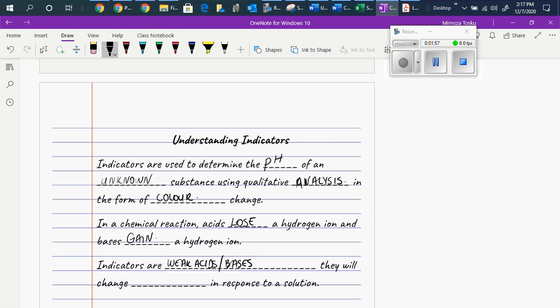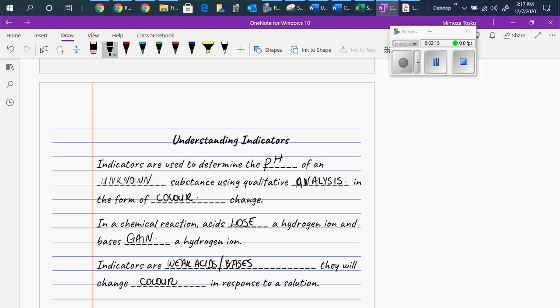When we put the indicator into the solution, the color will change, responding to the pH that the solution has.